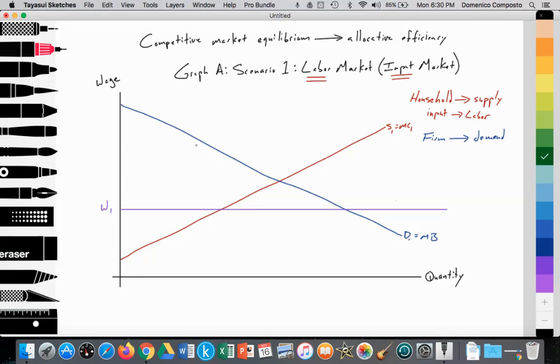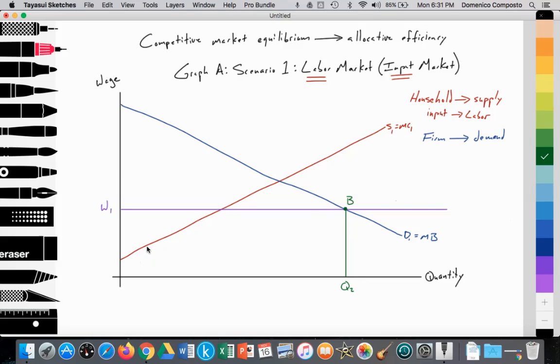Firms are seeing that low wage and they want to take advantage of that low wage. So there's a significant increase in the quantity of demand at this particular point. I'll call that point B. And the quantity demanded is right here at Q2. I'm just going to call it Q2 for now. So excessive quantity of demand by firms because the wage for labor is so low.